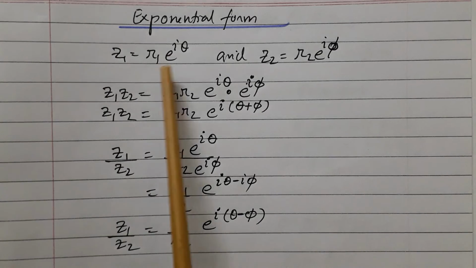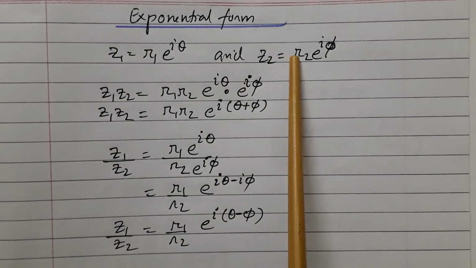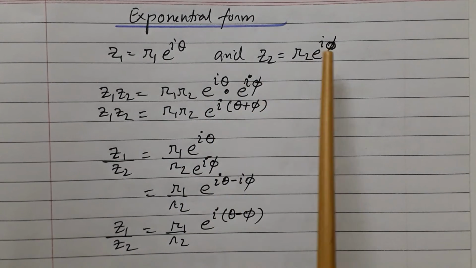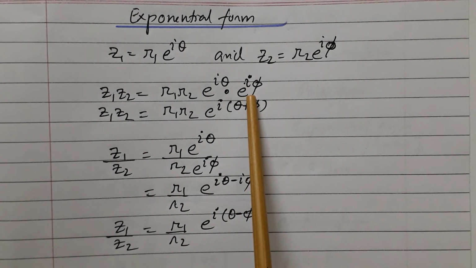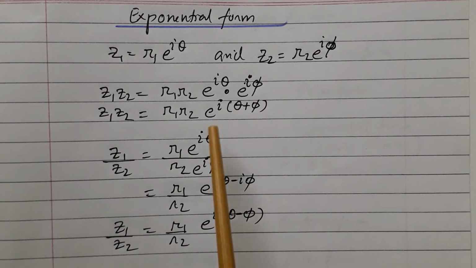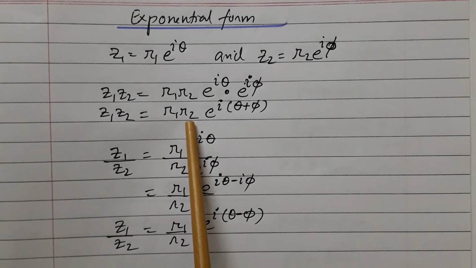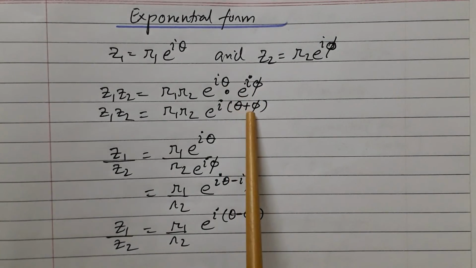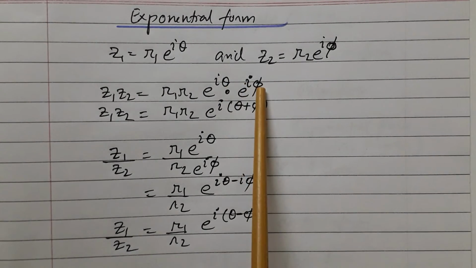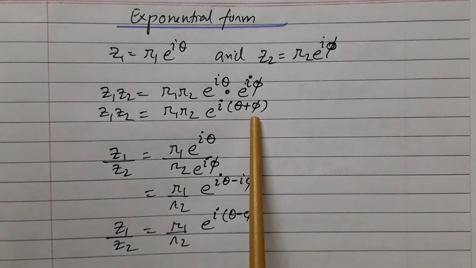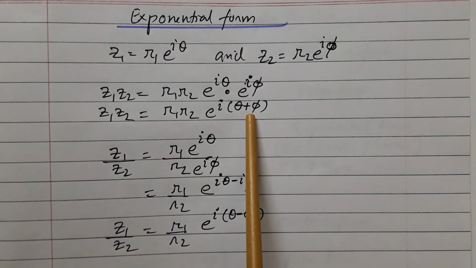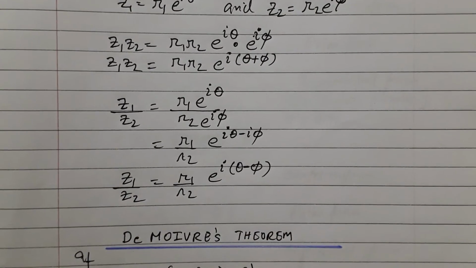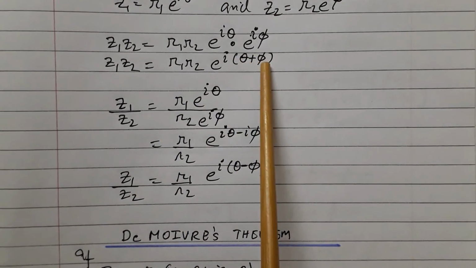I will multiply their magnitudes together: r1 into r2, and e raised to i theta into e raised to i phi, so e raised to i (theta plus phi). So again here, their arguments get added.